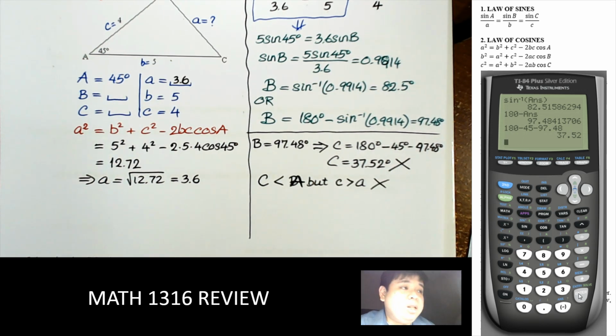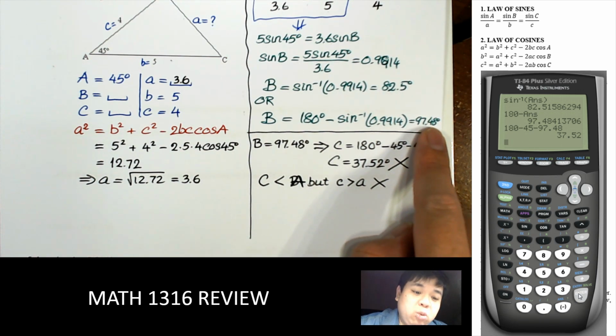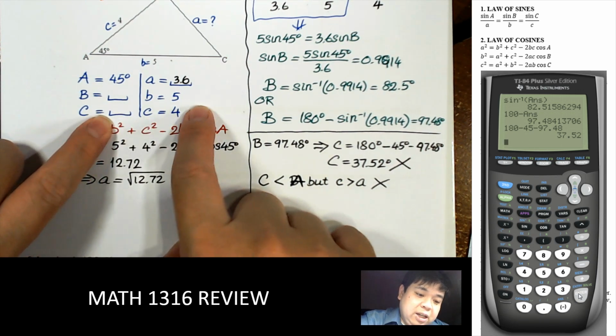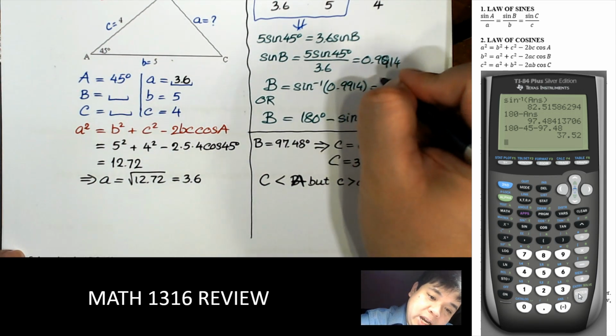Again, opposite to the biggest angle is the longest side. So 97.48 doesn't work because the side and angle don't match. So it has to be only 82.5.